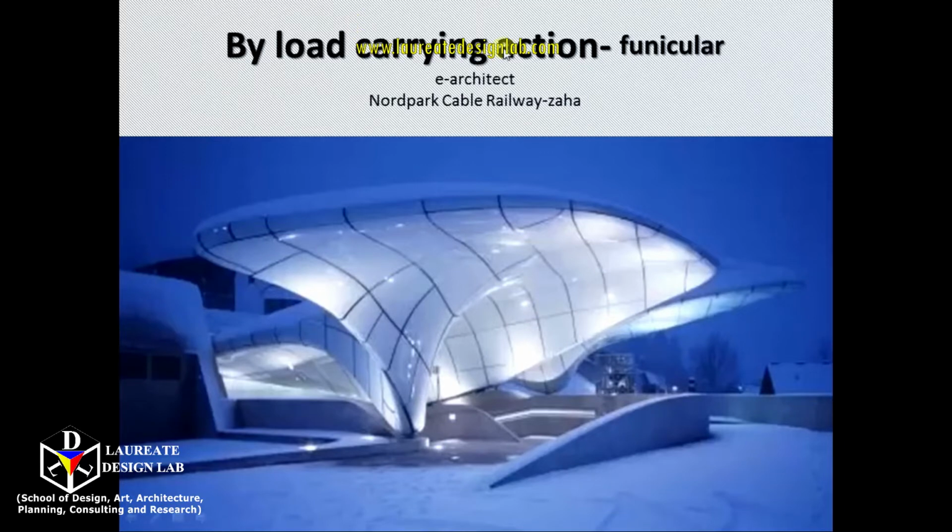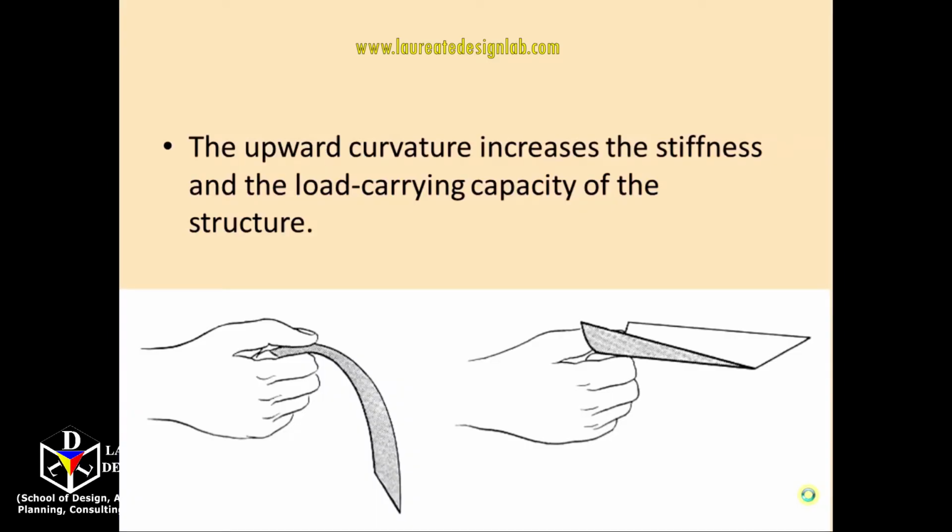By load carrying action, such shape or such geometrical entity is called funicular. If you hold a piece of paper like this, then it may bend down depending on its thickness. Normal paper will bend down.